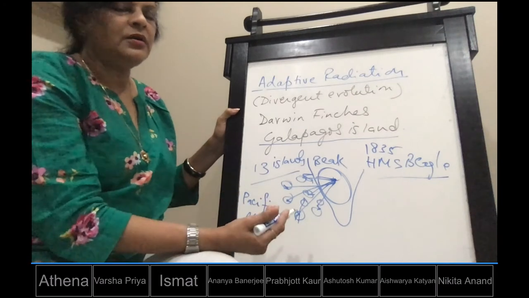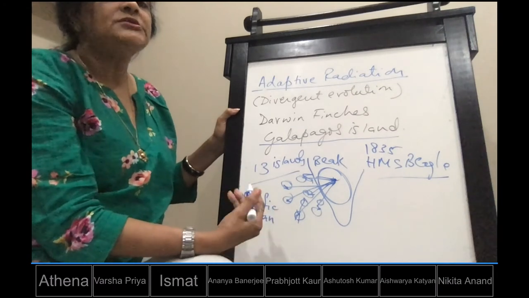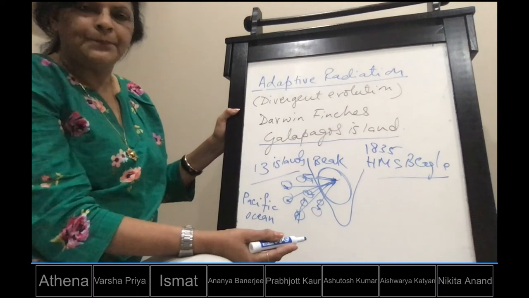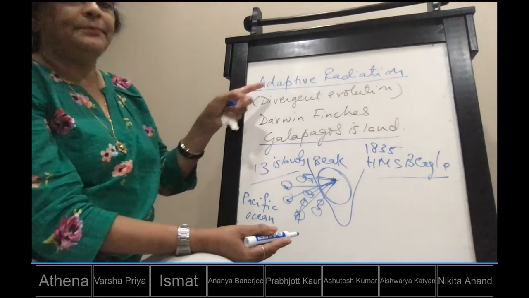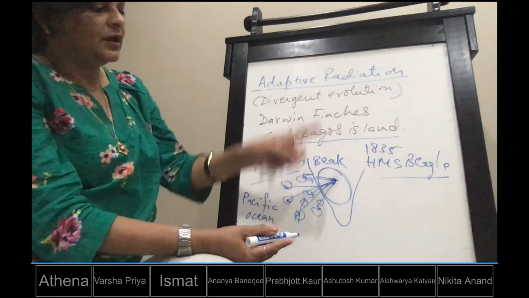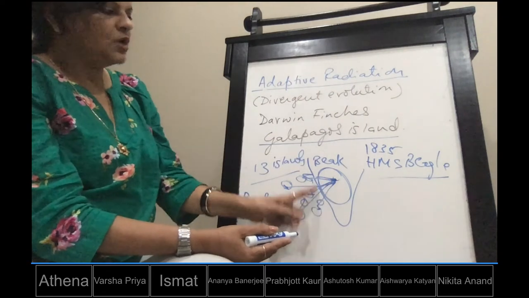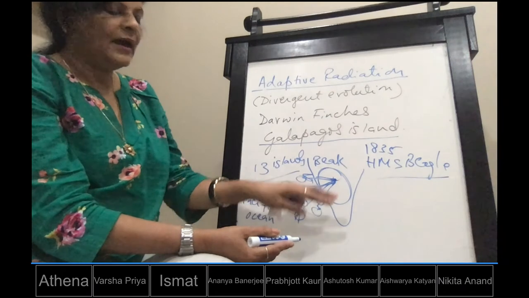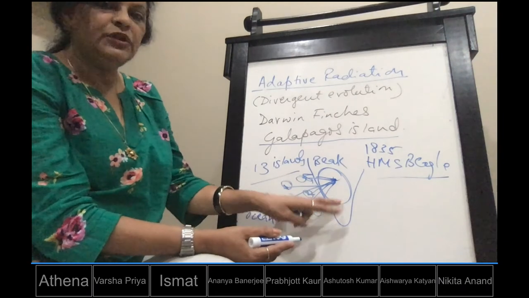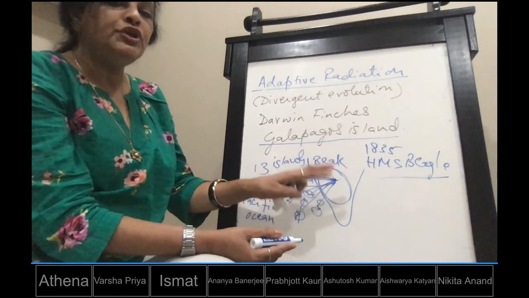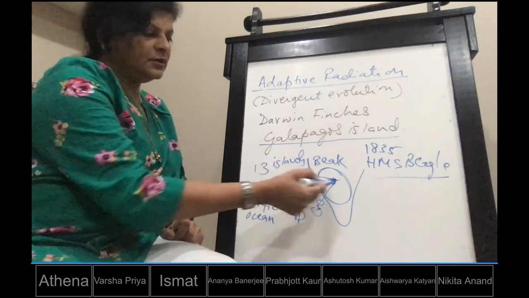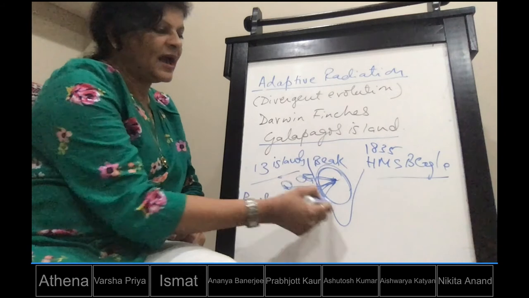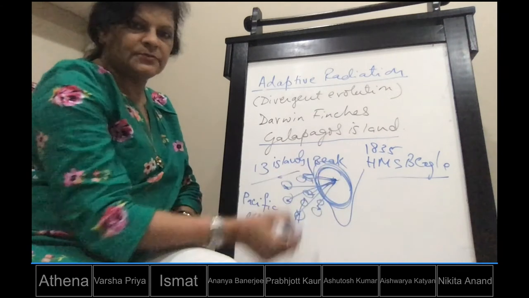So they were of different species, so different species evolved. That is called adaptive radiation. Now see, how do you define adaptive radiation? Adaptive radiation is the evolution of new species from an ancestral species.